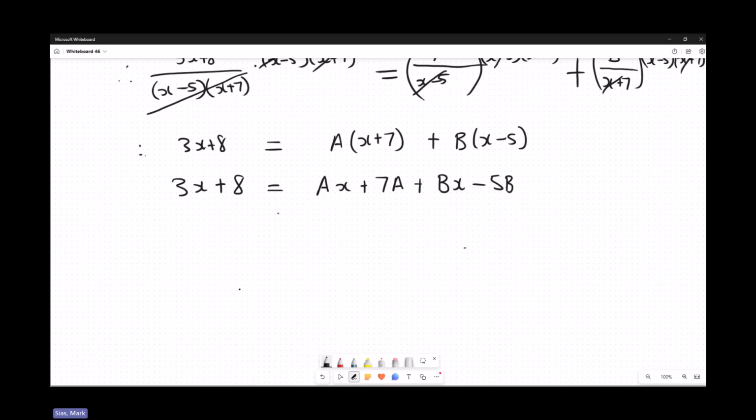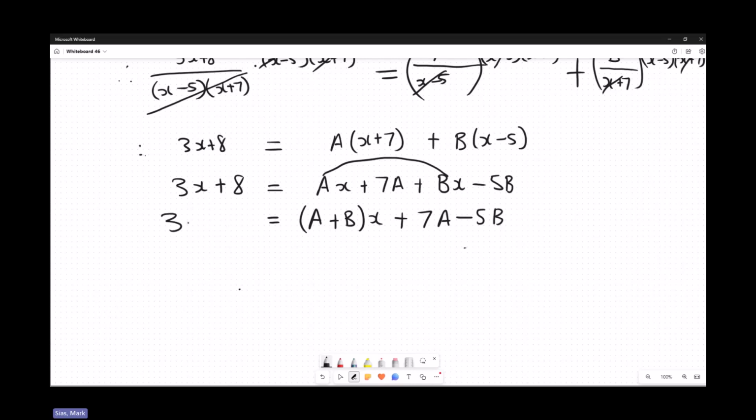Now I'm looking for my common factor for x. So if I say a plus b, its common factor there is x. I'm combining these two here. Then my constant terms are 7a minus 5b.